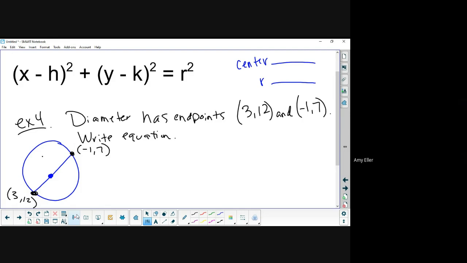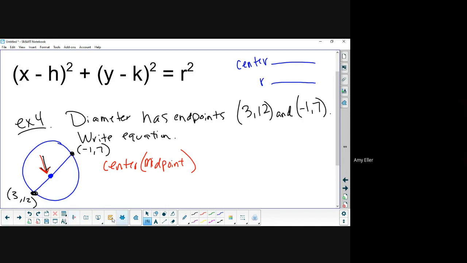If I could find this, the midpoint, that would be the center. So go ahead and write down center, which is your midpoint. That's what we're going to find first.